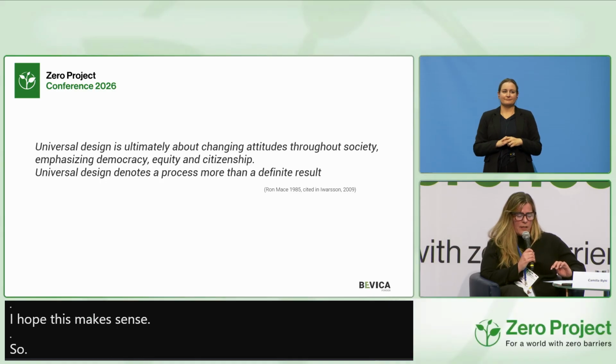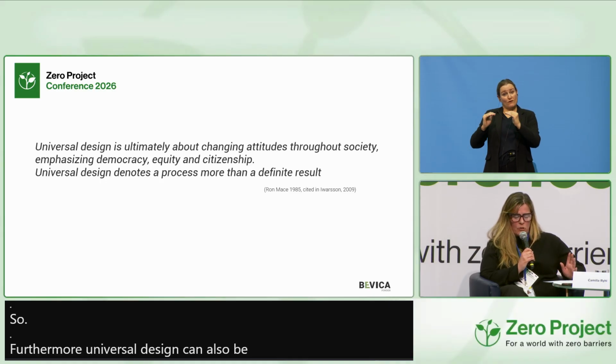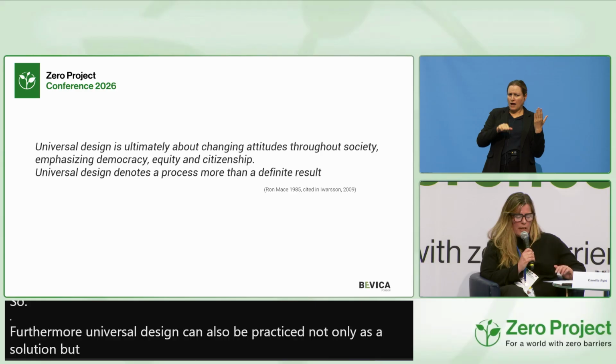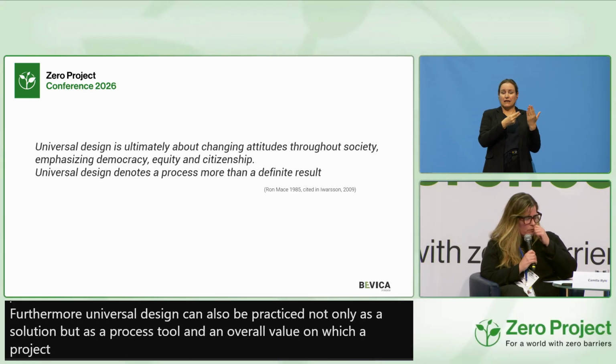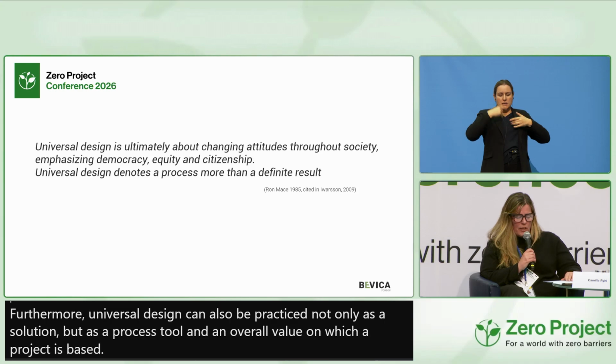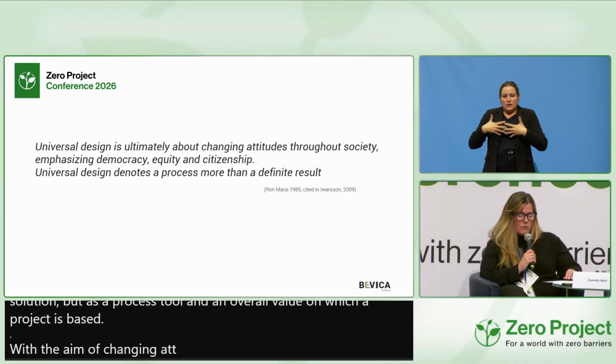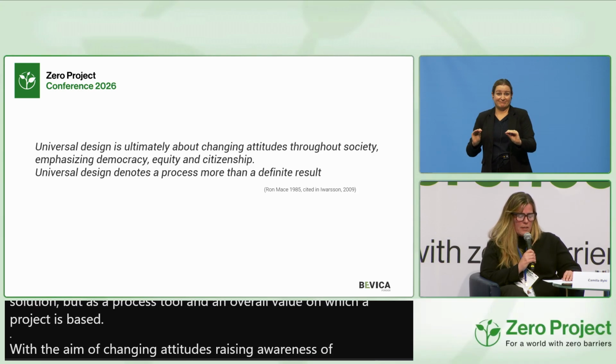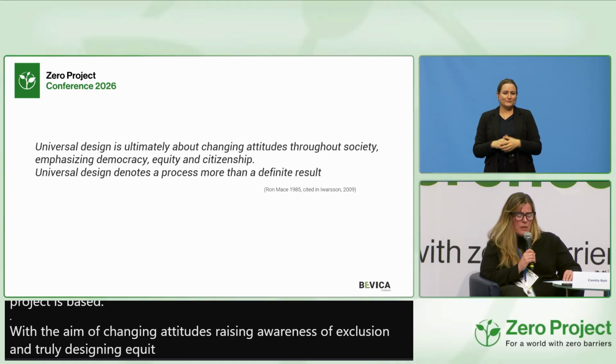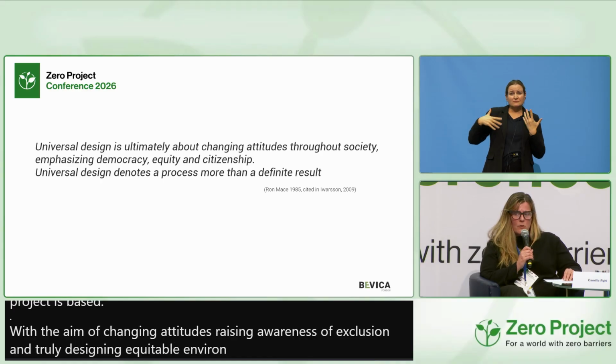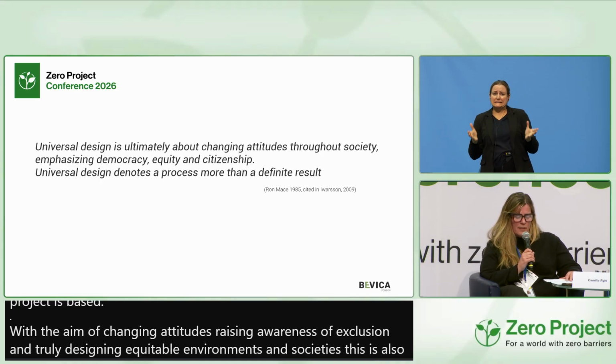So, furthermore, universal design can also be practiced not only as a solution, but as a process tool and an overall value on which a project is based, with the aim of changing attitudes, raising awareness of exclusion, and truly designing equitable environments and societies. This is also what Mace wanted and intended.